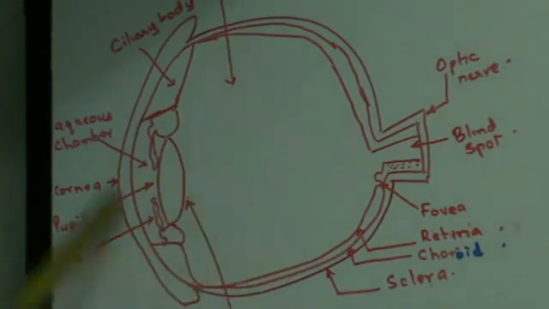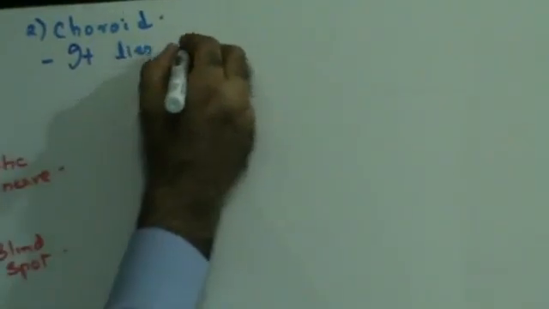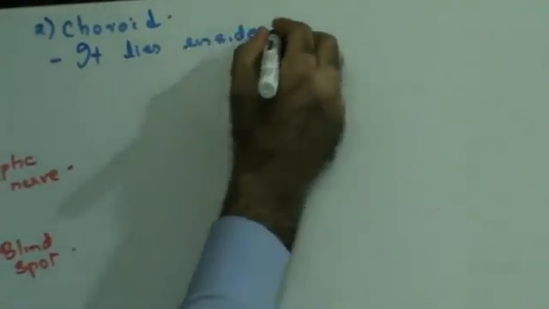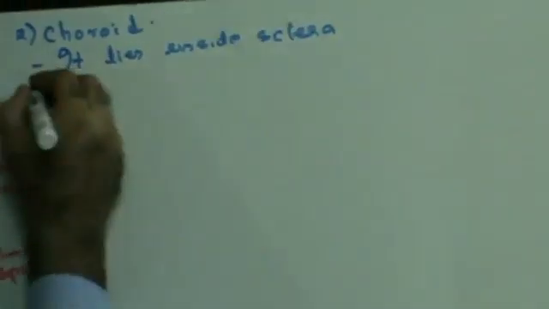So that is your second layer of the eye. Right? Can you just write this down? It lies inside the sclera.